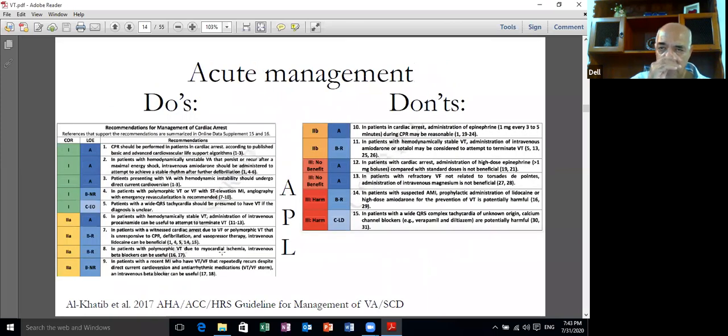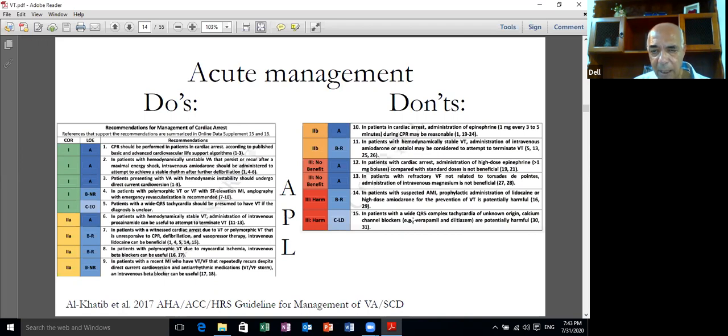Now, the guidelines, I wanted to direct your attention to 2 or 3 points. Look at the end of these guidelines, a class 3 recommendation here. The class 3 recommendation says that in a wide QRS complex tachycardia of unknown origin, you are not allowed to use calcium channel blockers. Why is that?